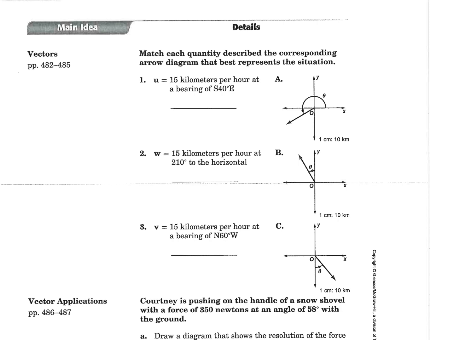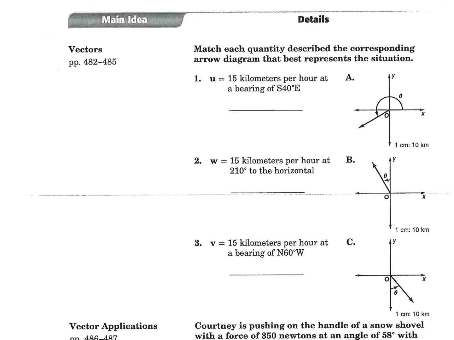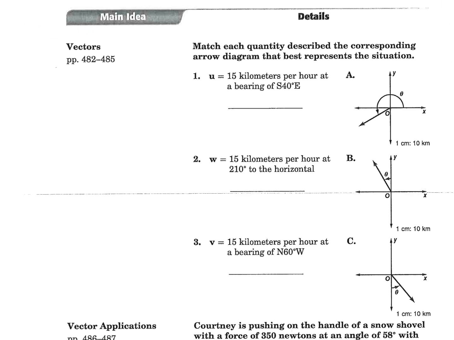Match each quantity. Okay, so when we are looking at vectors, we need to talk about how we orient a vector to the coordinate plane, okay? In other words, how do we figure out where they're at from standard position? Okay, so from standard position, we have a couple different ways we can do this.